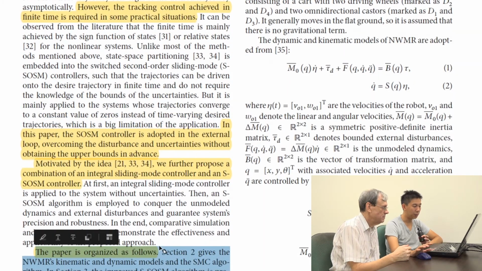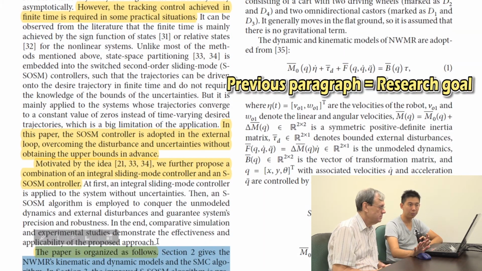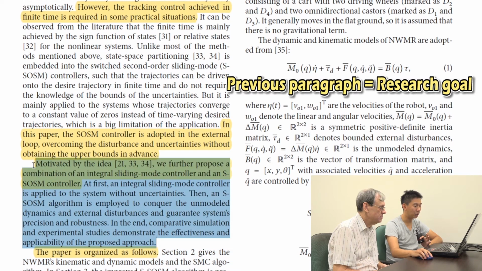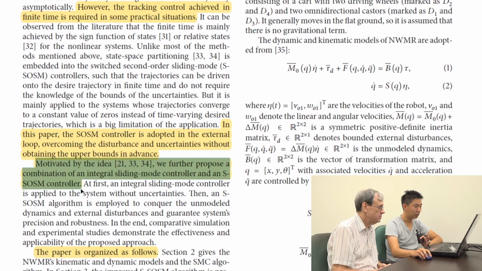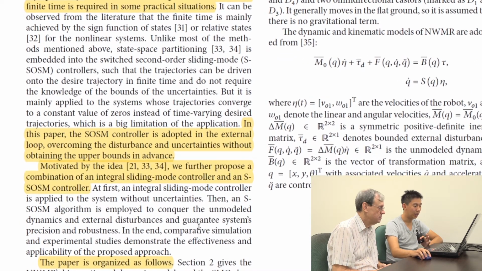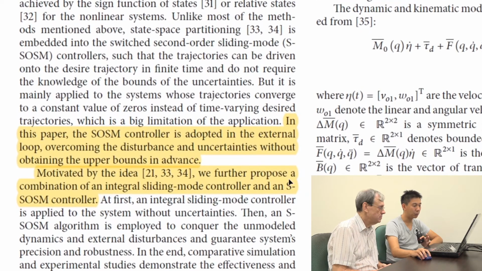And then the paragraph before the organization paragraph, they will talk about the research goal mostly. And then for these highlights, there is a component marker for the research goal. As you see, we further propose a combination of an integral sliding mode and some things. Yeah, this one is pointing out that this marker is the research goal.